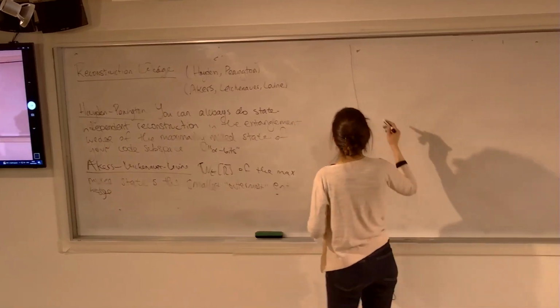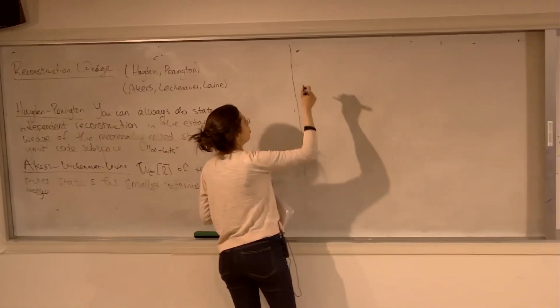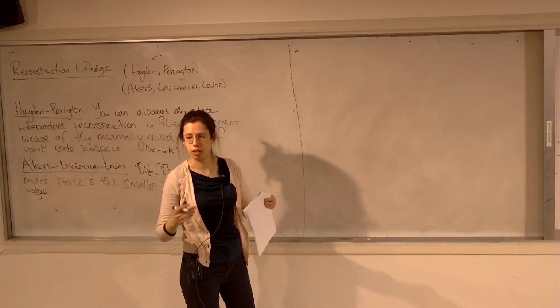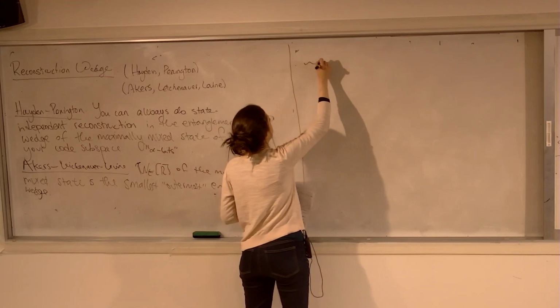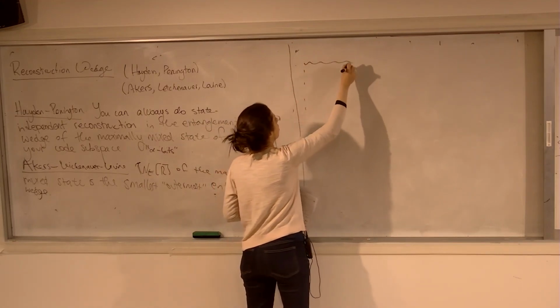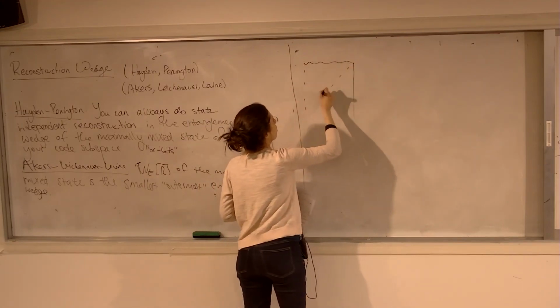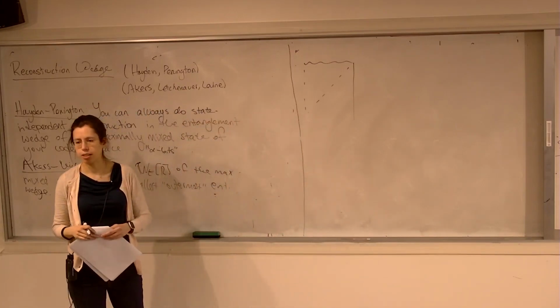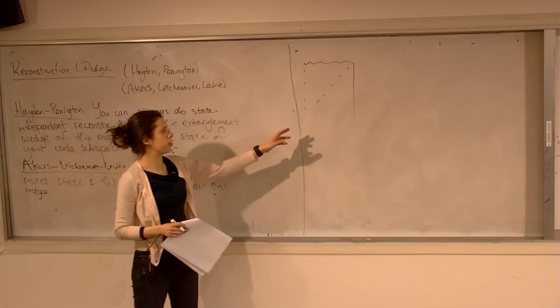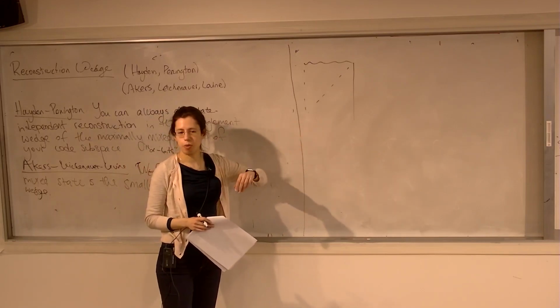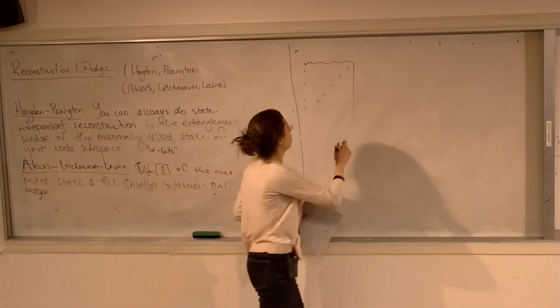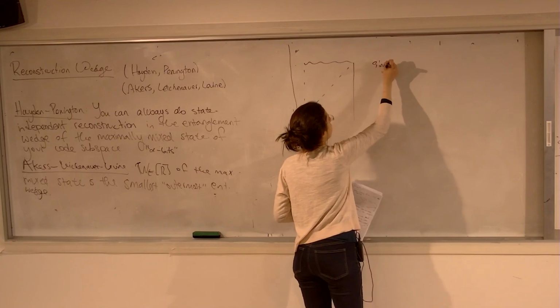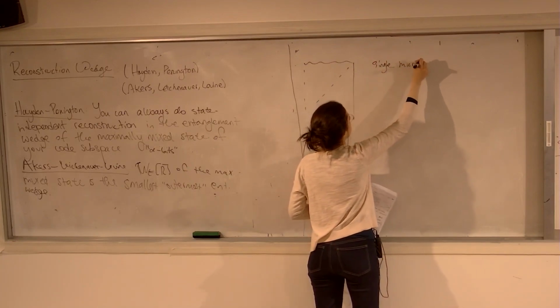So suppose we have a pure state, a black hole formed from collapse. We have some pure microstate of a black hole. So this is it, and we have a code subspace of one dimension. It's just this pure state. Okay. So this is a single microstate, pure state.